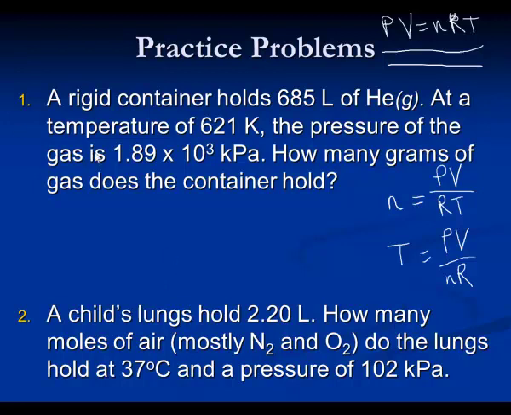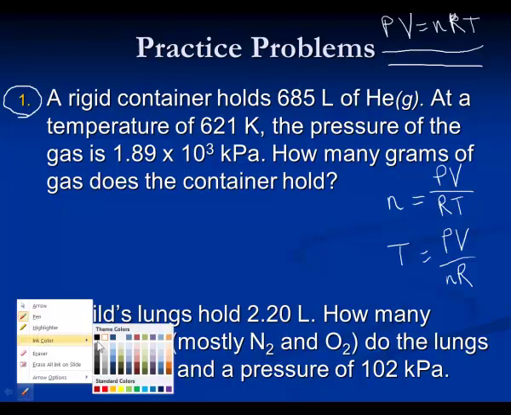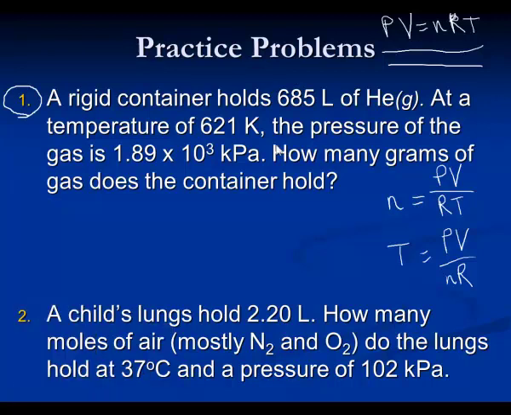Anyway, so if we look at problem number 1, this is a good example of how helpful the ideal gas law can be. It says a rigid container holds 685 liters of gas, and the gas is helium.